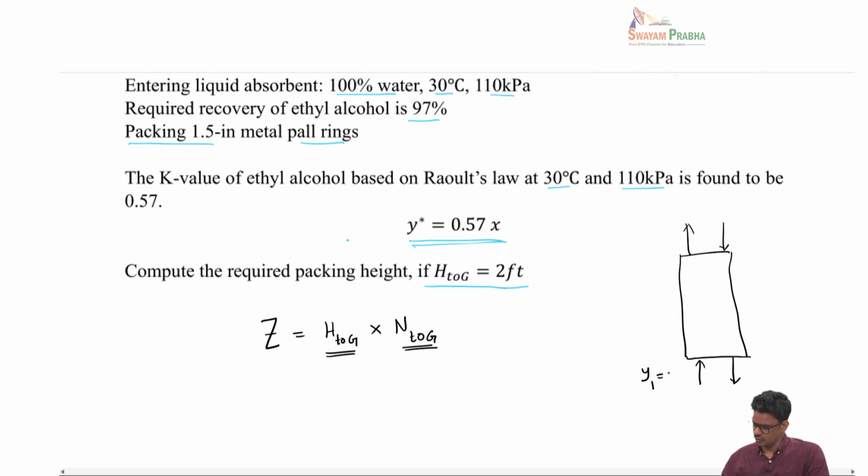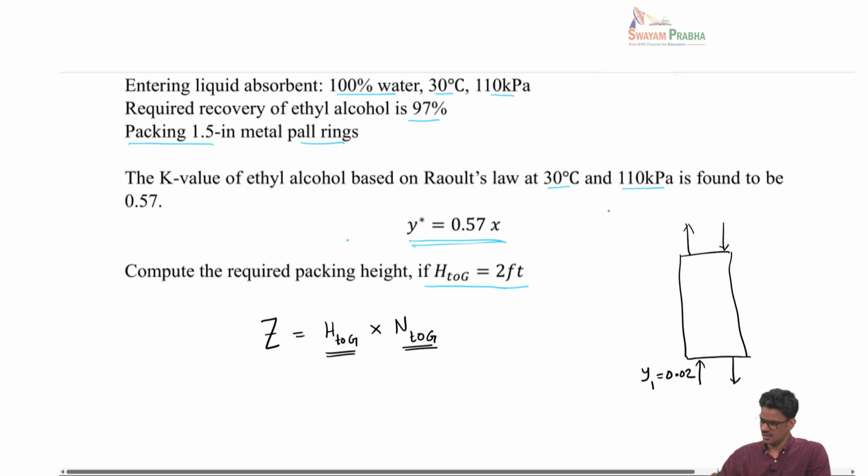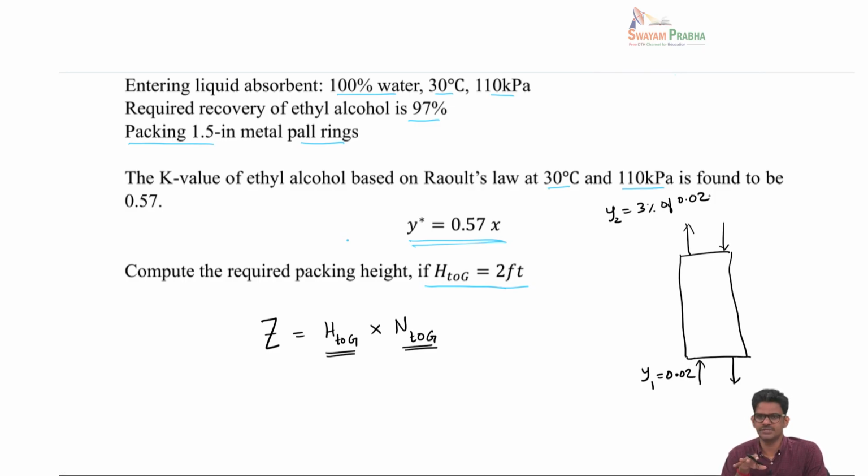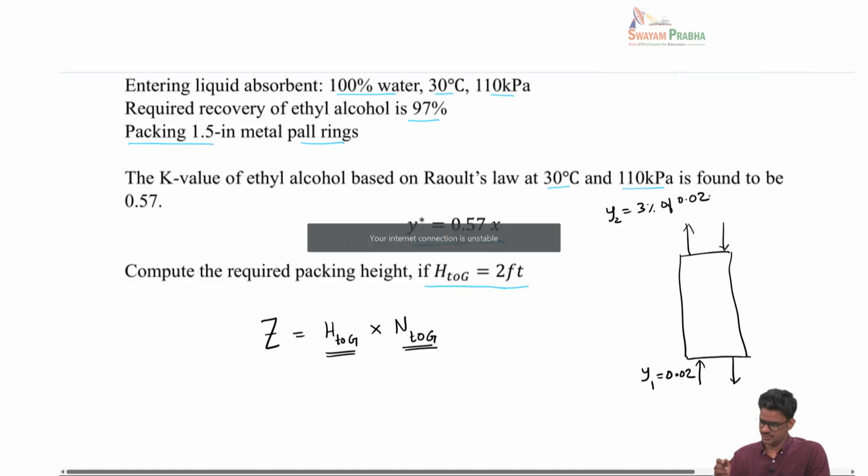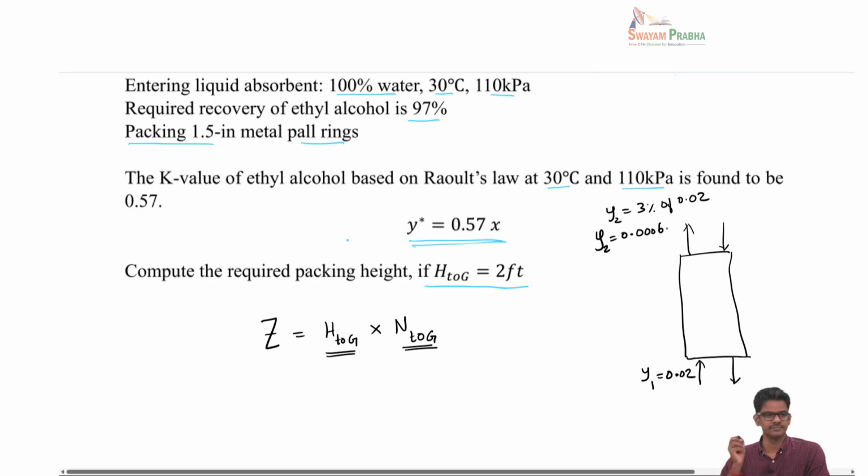Okay, so Y1 is going to be 0.02, and Y2 is 3% of 0.02, because 97% has to be removed, then the remaining concentration will be 3% of the inlet concentration, which is 0.02. So essentially Y2 is 0.006.